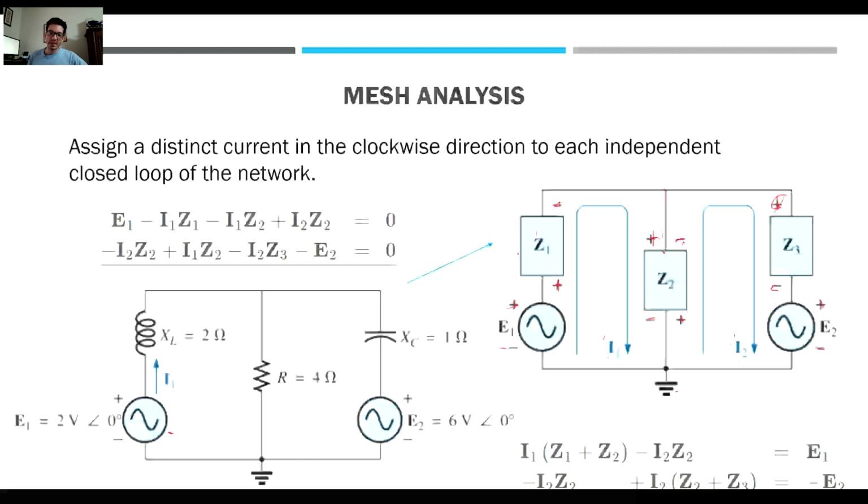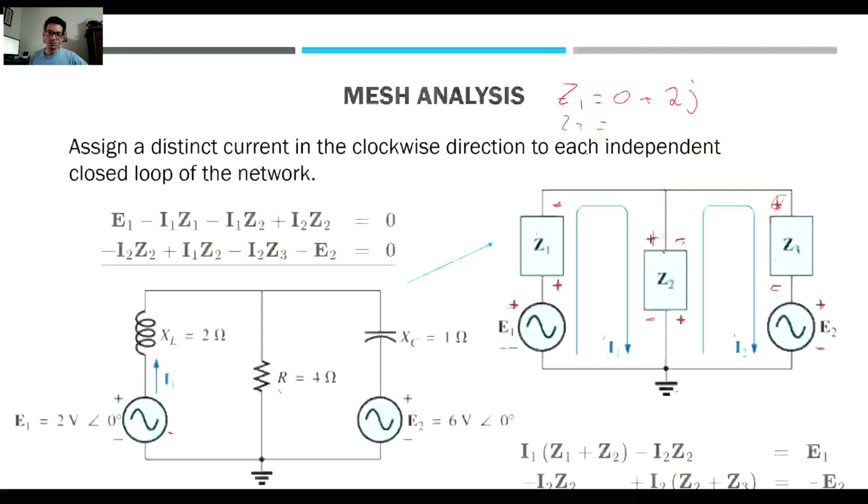So for instance, Z1 comes from this load, Z2 comes from this load right here, the resistor, and Z3 comes from this capacitance. Okay, so obviously, if we have to write here, Z1 is going to be 0 real, and then plus 2 imaginary, because we're doing an inductor.